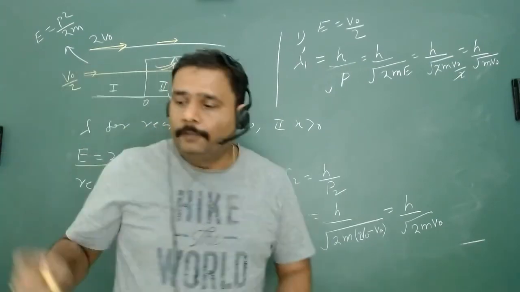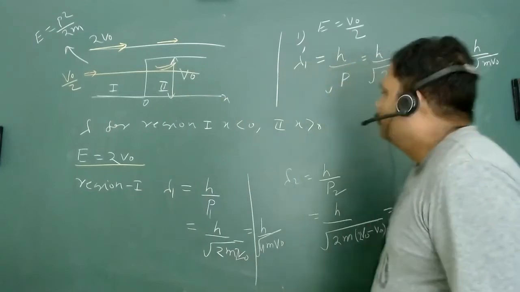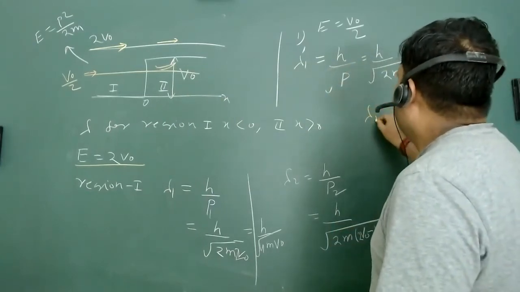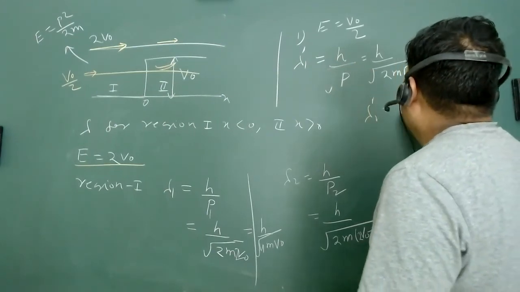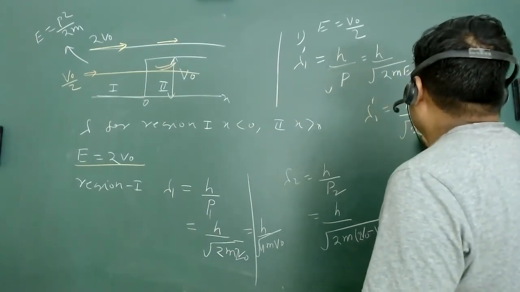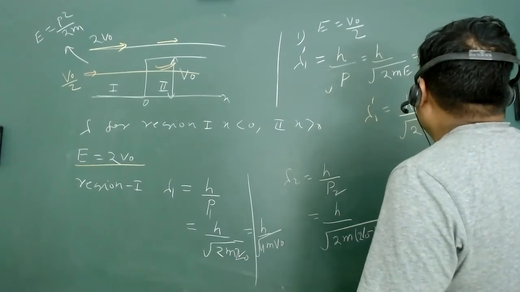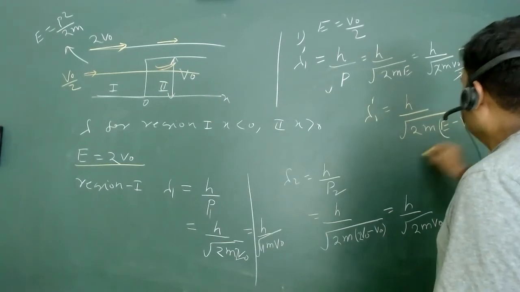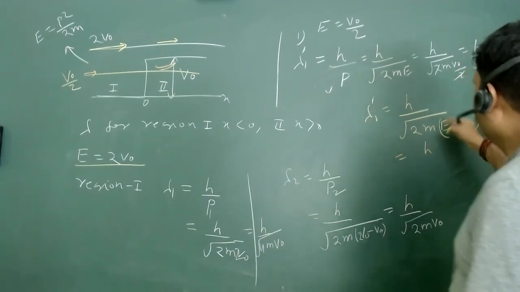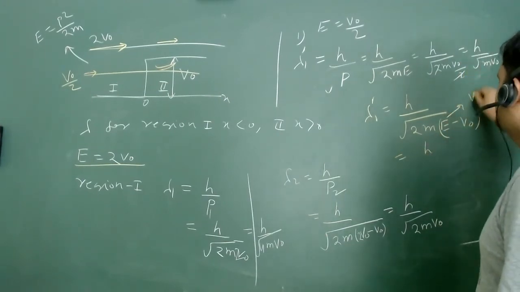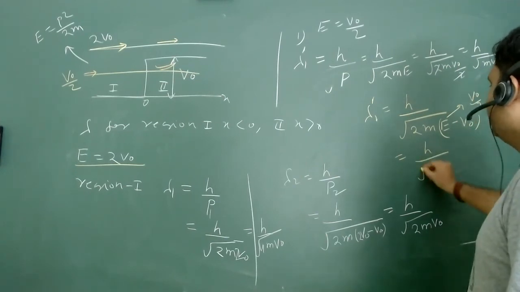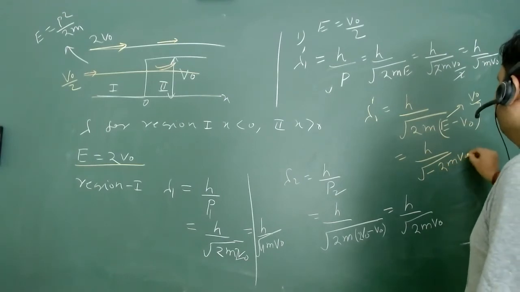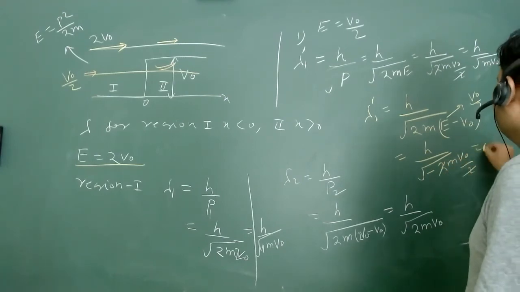If we look at this particular region, then lambda 2 dash is equal to h upon root 2m(E minus V naught). And what is E here? E is V naught by 2, so you will get minus 2m V naught by 2 under the root, and this is imaginary.